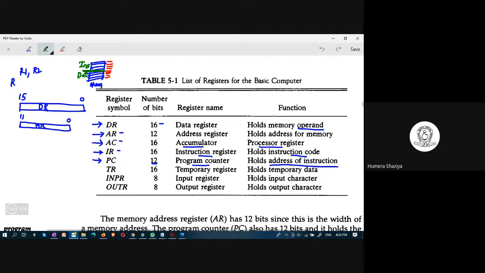Remember, PC will hold only these addresses. Means addresses of instructions only. It cannot hold the addresses of data. It won't hold the addresses of data. Only it holds the addresses of instructions.